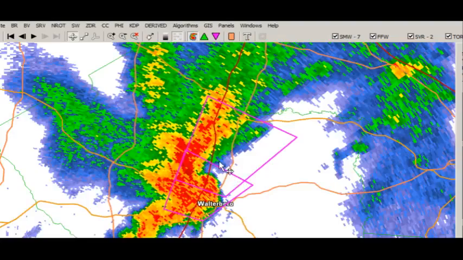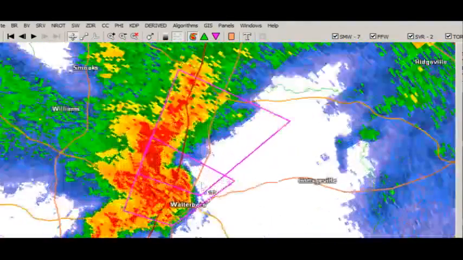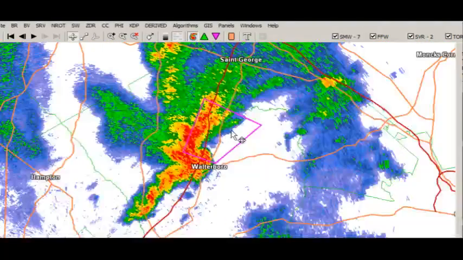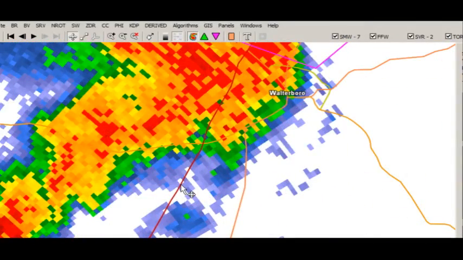That should help out. Okay, so we're looking at the Walterboro storm. And just at first glance, this is the shape of the supercell structure. Okay, so we're pretty much looking for the vortex on the storm to be here along this interstate right here. I think that's Interstate 95. Let me take a look here.